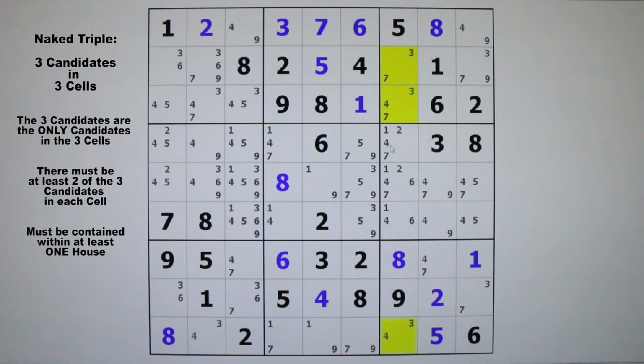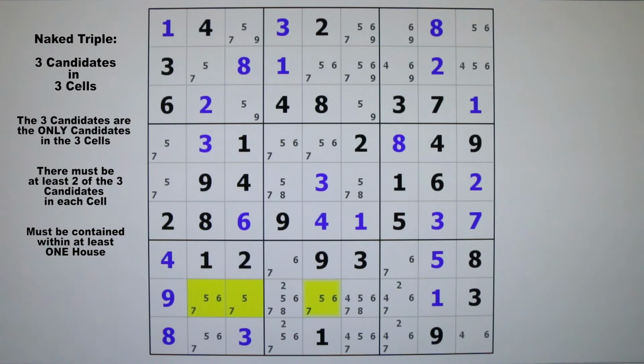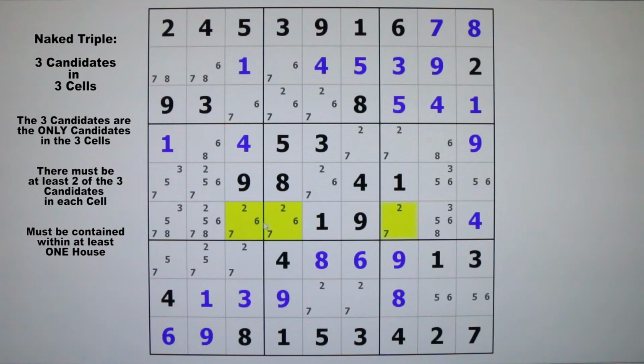So we look down the column, and we have 4, 7, 4, 7, 4, and that's it. Okay, we keep going. In row 8, 7, 5, and 6. Next one. 7, 2, and 6, a naked triple lying in row 6.